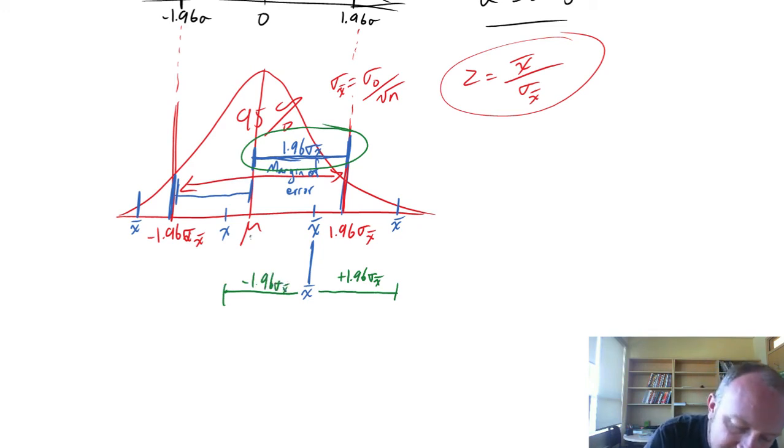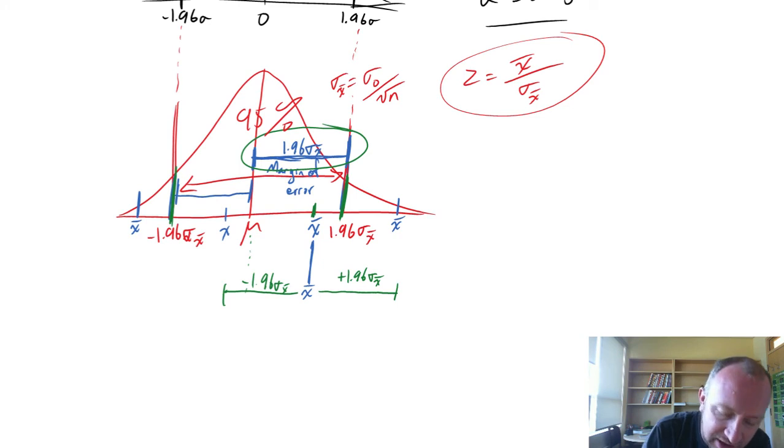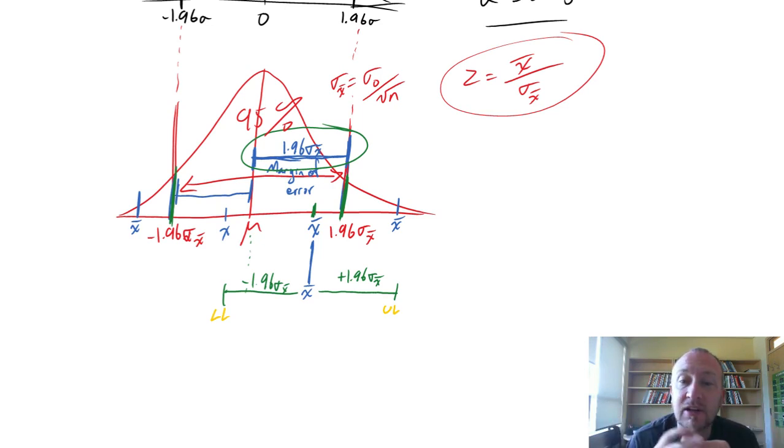Well, as you can see, if that sample mean lies between those two limits, which 95% of the time it will, then if I construct an interval around that sample mean, with a lower limit here and an upper limit here, I can be 95% confident that the true population mean lies within that interval.